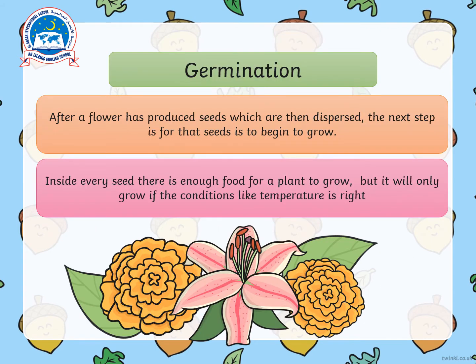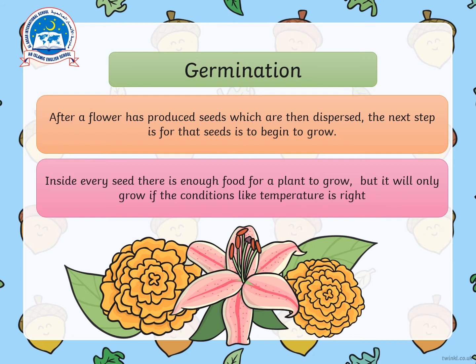Here, today's topic, germination. Let's begin. After a flower has produced the seed, you all know how flowers make seeds. Once the seed is ready and it's dispersed, the next step for it is to grow. And inside every seed, as you saw in the picture earlier, is food for the plant to grow.